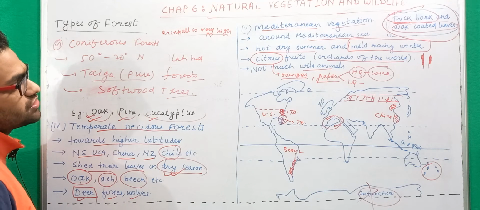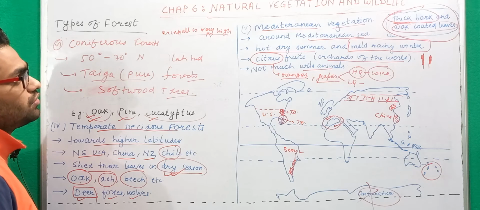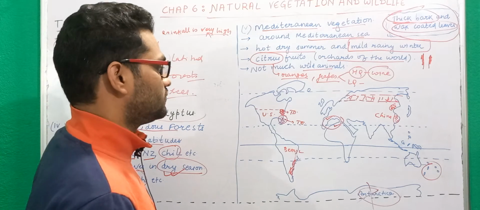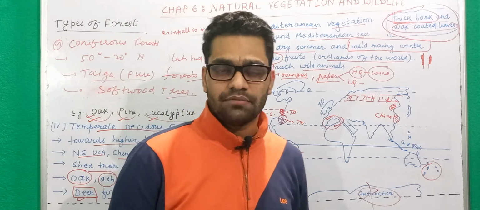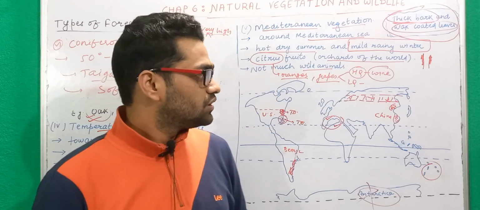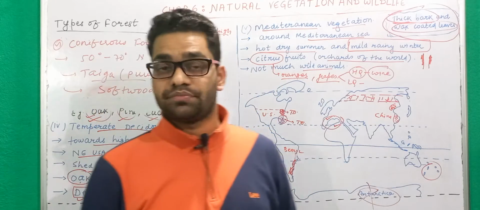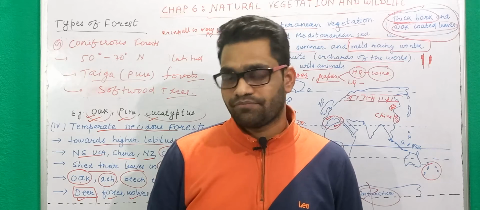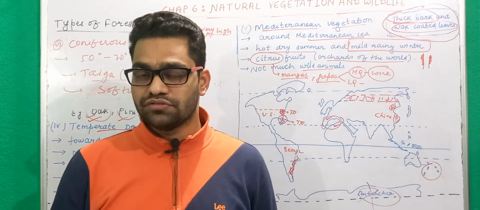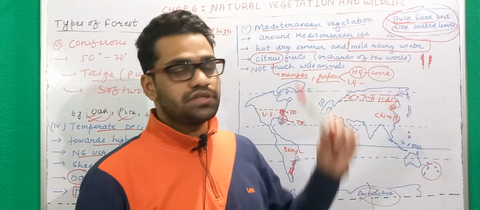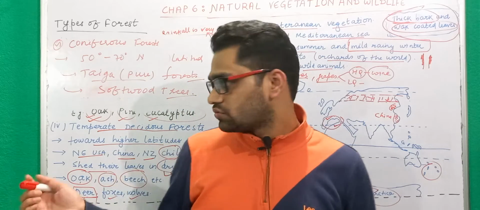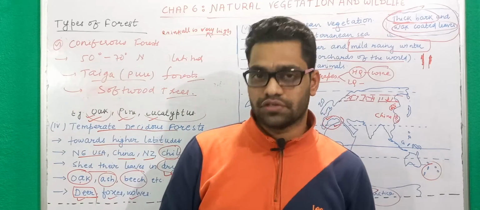So this was the basic discussion about all the 6 types of vegetation that we have. We have looked into the tropical evergreen, tropical deciduous, the temperate evergreen and temperate deciduous. Then we have Mediterranean vegetation, and also we have coniferous forests.